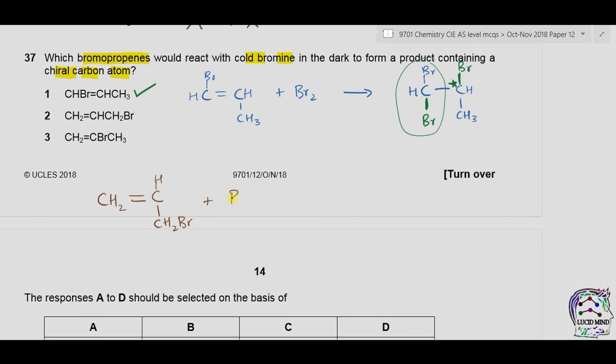Now again addition of bromine will take place. Double bond is converted into single covalent bond. On both carbon atoms bromine are attached. Now we can see that with this carbon atom, this and this is similar, so therefore this is not chiral.